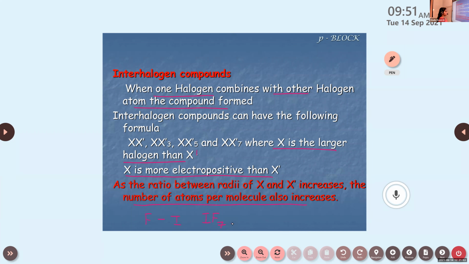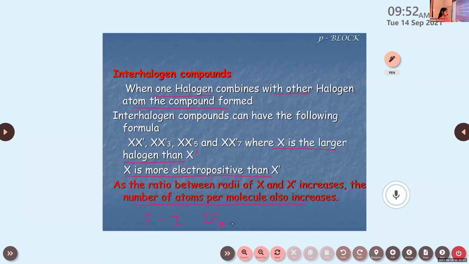And can you identify which one is X and which one is X' from this IF7? That's the formula of the molecule, right? I told you X is the larger halogen atom than X', and X is more electropositive than X'.